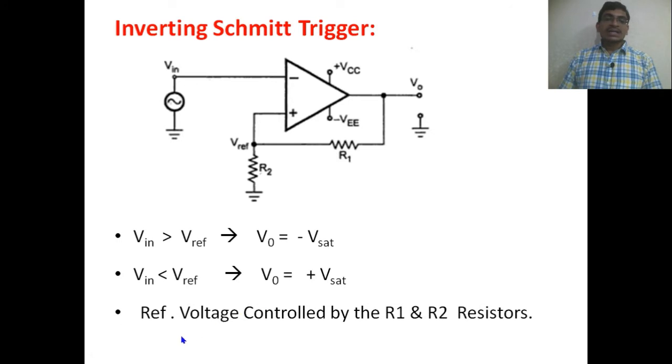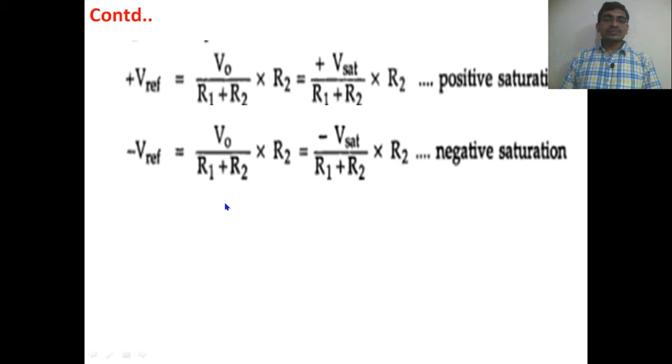The reference voltage can be controlled by using the R1 and R2 resistors. If you want to change the reference voltage, we have to change the values of R1 and R2 based on our required reference voltage. The plus V reference is the reference voltage when the output is in positive V saturation, and it can be given as V0 into R2 by R1 plus R2.